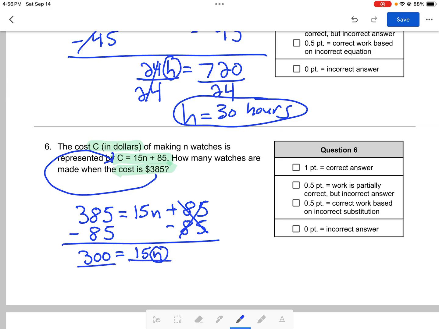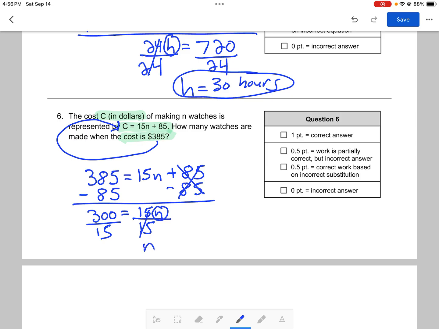And the inverse or the opposite is dividing both sides by 15. And when I do that, I get a singular n is equal to 300 divided by 15, which is 20. So they can make a total of 20 watches when the cost is $385.